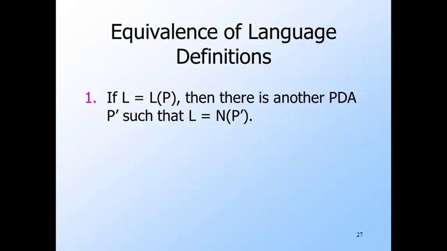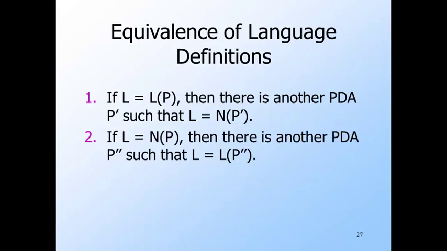P prime will presumably define a different language by final state, but that doesn't matter. The point is that every language defined by final state by some PDA is also defined by empty stack by some PDA. And conversely, if a language L is defined by some PDA P by empty stack, then L is also defined by some PDA P double prime by final state.